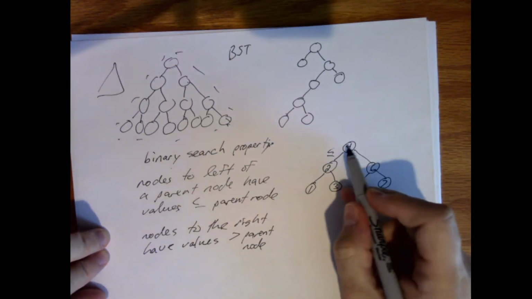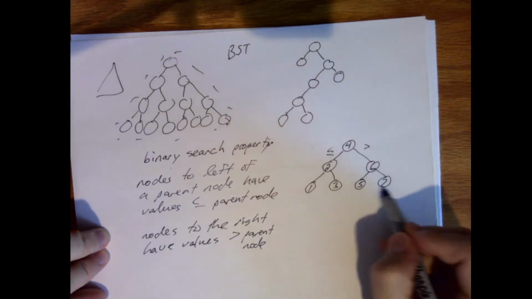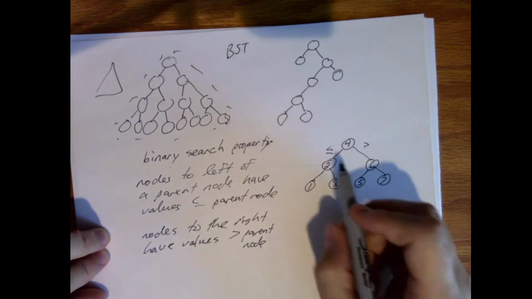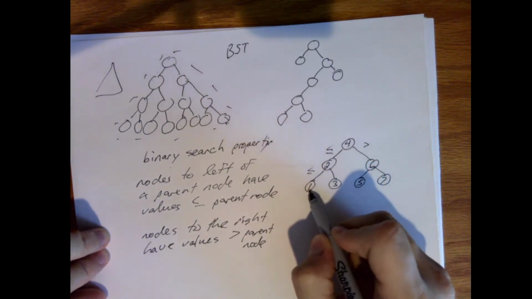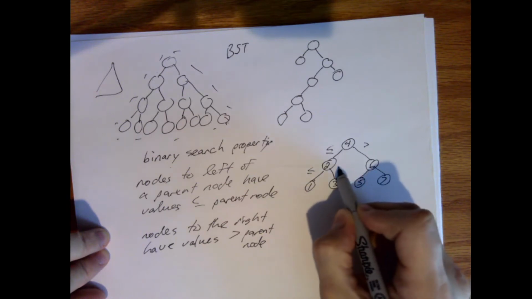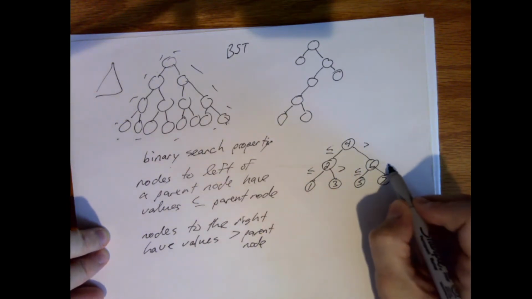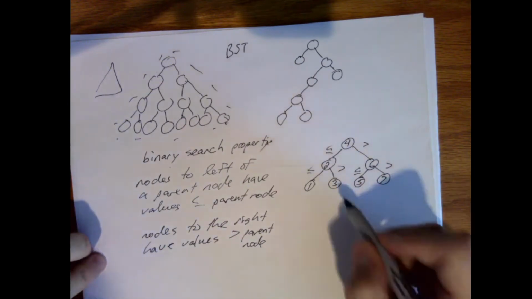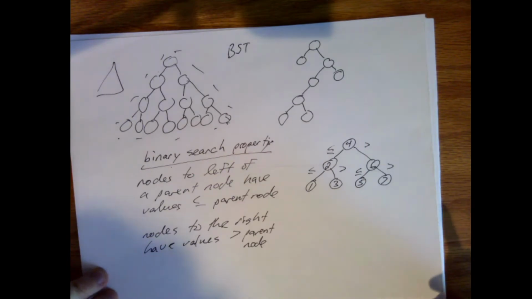Because 1, 2, and 3 are all less than 4. And everything to the right of 4 is greater than 4. So we move down a level. What about 2? Well, everything to the left of 2 is less than or equal to 2. Everything to the right of 2 is greater than. For 6, 5 is less than or equal to 6. 7 is greater than. And so this has this property.